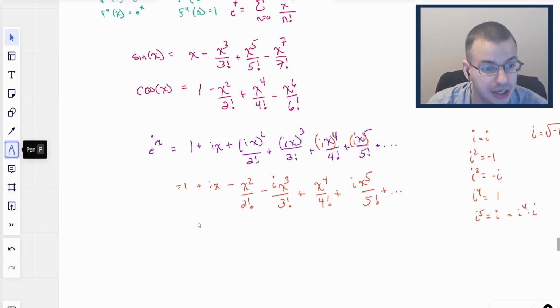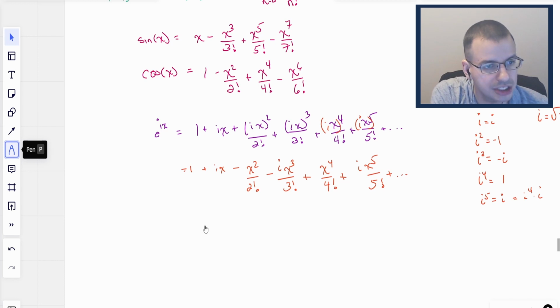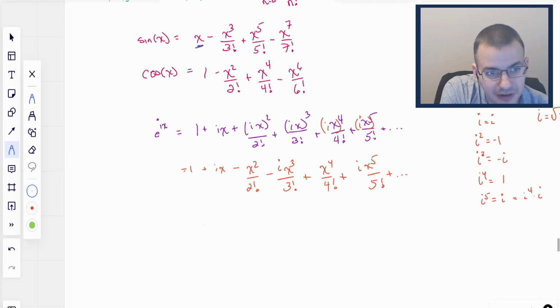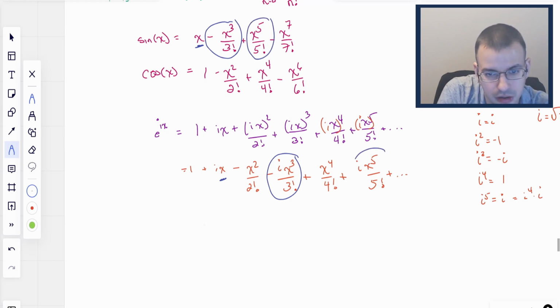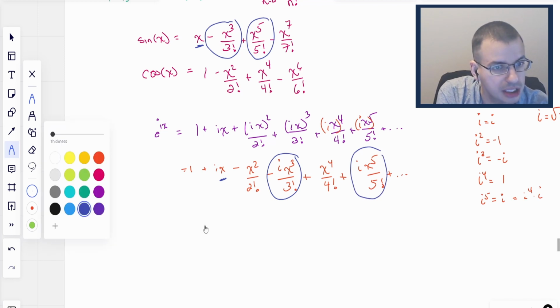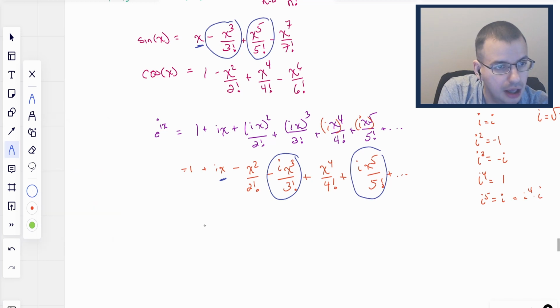I apologize. So now we're going to take a look at how we can write this in terms of sine and cosine. If we look at sine right here, we have x, negative x cubed over 3 factorial, and I'll circle this whole thing, including the positive part too. Same thing with the cosine.